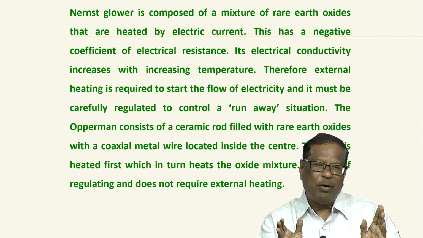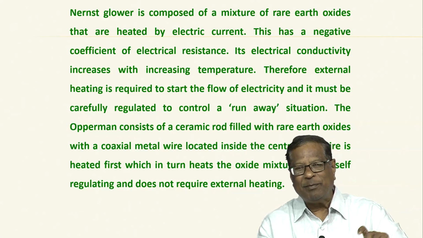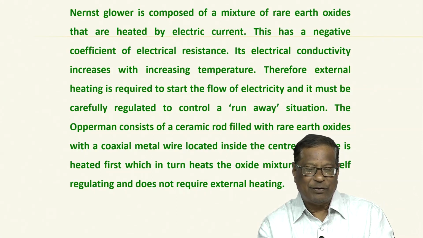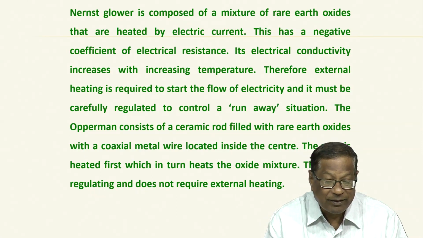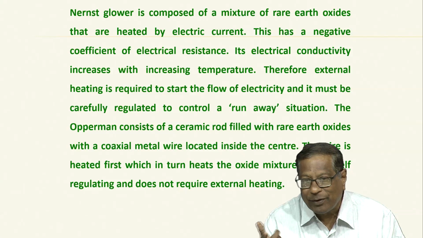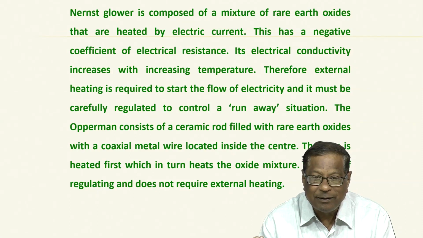So, at that point you can cut off the primary heater, and then after some time this itself will take over as the IR radiation source. So, its electrical conductivity increases with increasing temperature. So, external heating is required. This adds to the cost, because I have to provide extra additional heat in the instrument, another circuit to be added.